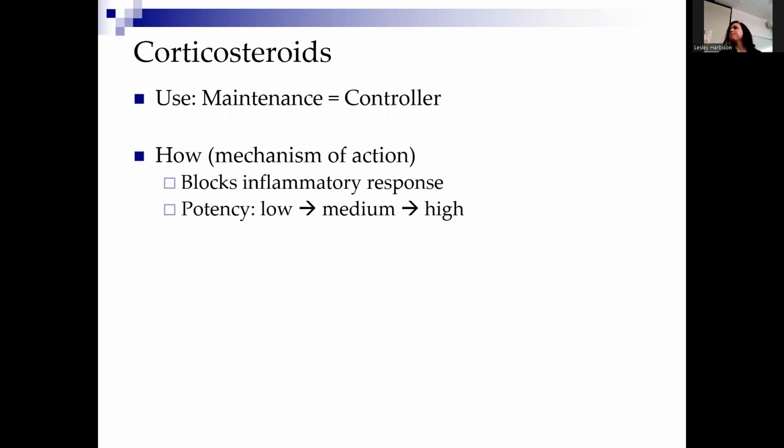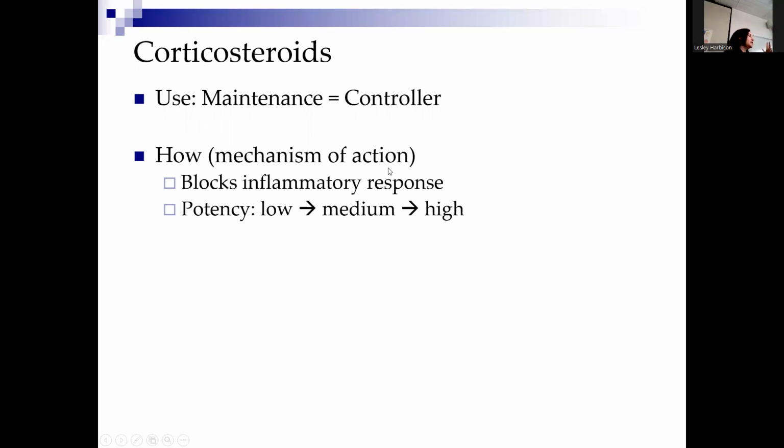Okay, so the next category of drugs is the corticosteroids. These tend to be more maintenance or controllers. Somebody with a more severe type of asthma or COPD would be using a corticosteroid for the chronic inflammation, and it blocks the inflammatory response.